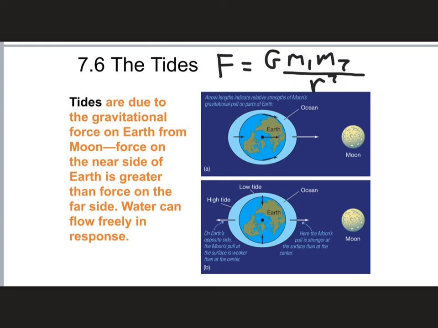So that creates two tidal bulges. Basically, this side is being pulled up to the moon because it's being pulled harder than the center of the Earth. And then the center of the Earth is being pulled harder than the opposite side, so it's being pulled away from the opposite side, and that creates a bulge over on the opposite side.